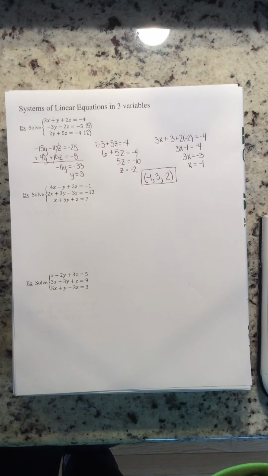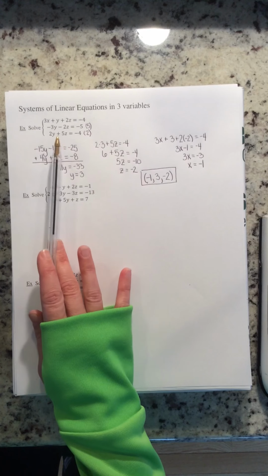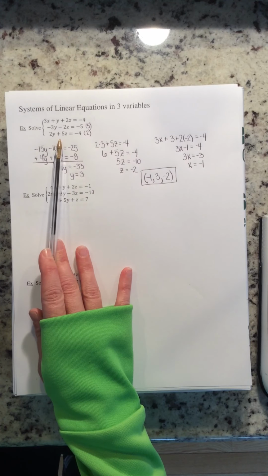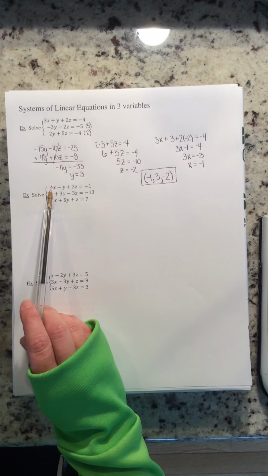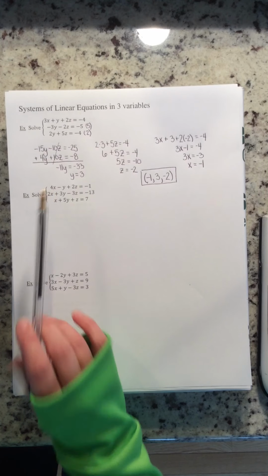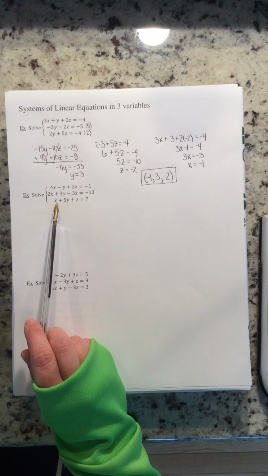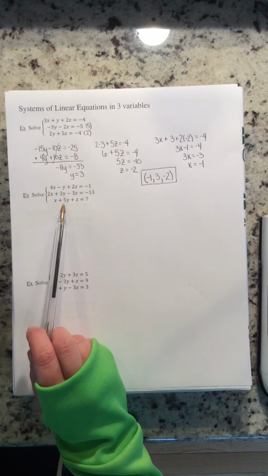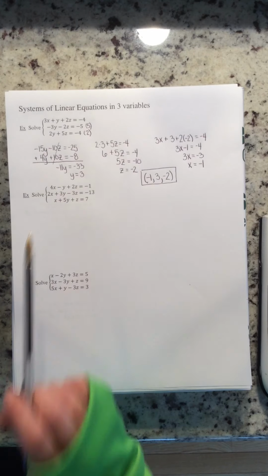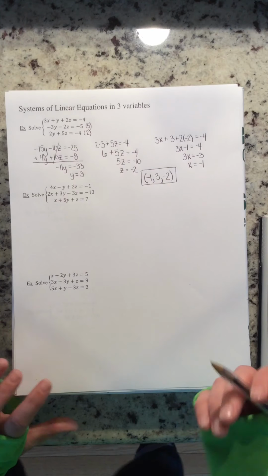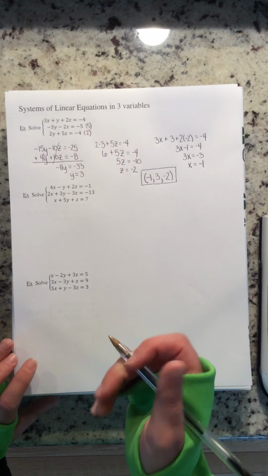I personally just like to eliminate x so that we have two equations with y and z. And because I see a 4x in this first equation, it would be nice if I had a negative 4x right here. Then if I were to add those two together, the x's would eliminate, giving me one equation that only has a y and a z.